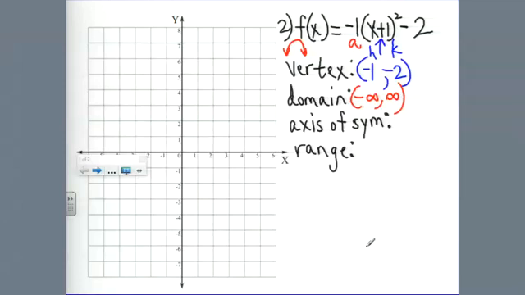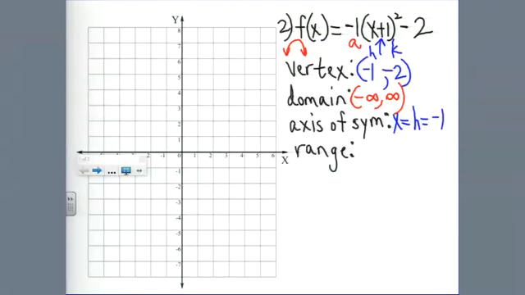Next up, the axis of symmetry. Again, you write that as an equation, x equal to h, and h is negative 1. So our axis of symmetry is the equation x equal to negative 1.